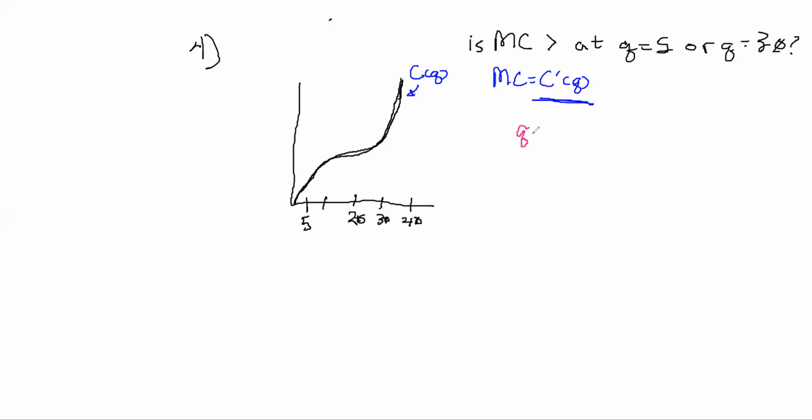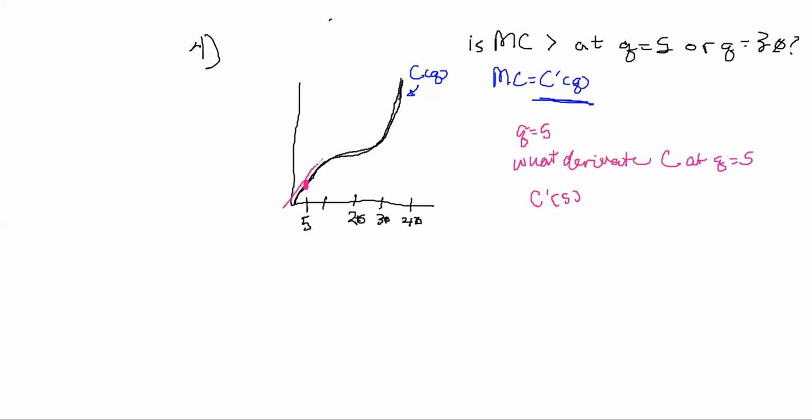And we're going to say at Q is equal to 5, this is the derivative of C at Q equals 5, or what is C prime of 5. So C prime of 5 is not going to be 0.